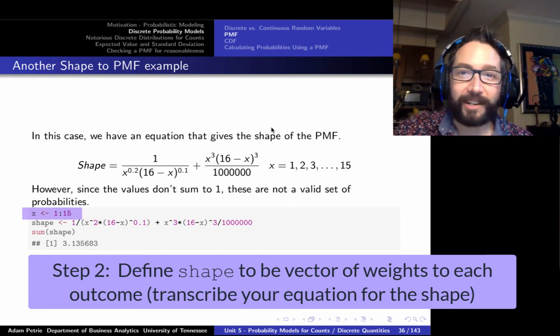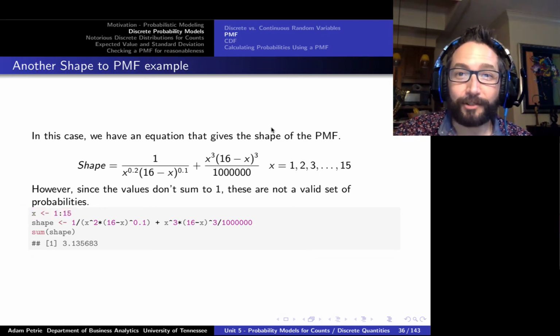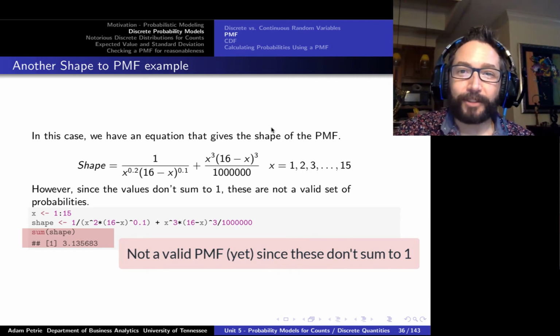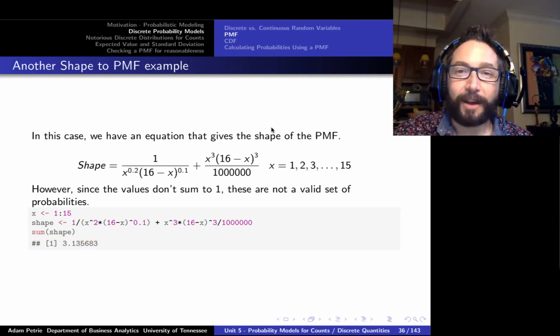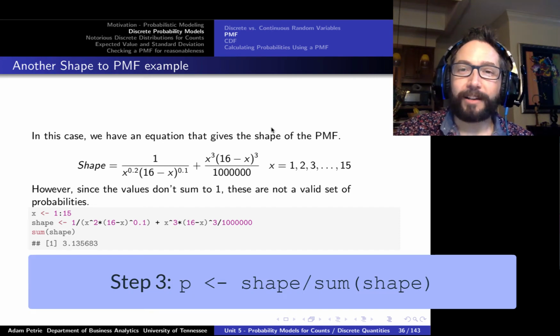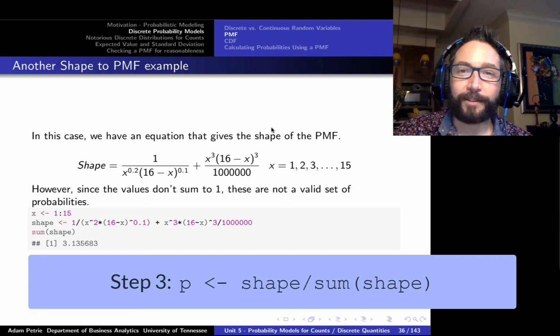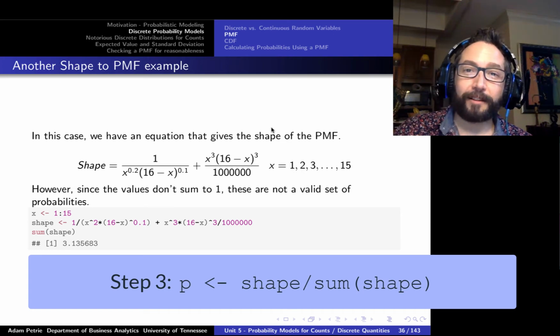You can check to see if you lucked out and you have a valid PMF just by taking the sum of the shape values, but it's really never going to equal 1. But it's easy enough to convert that into a set of probabilities. All you have to do is take your shape vector or your weights vector, divide by the sum of those values, left arrow that into p, and every single time you're now going to have a set of probabilities that form a valid PMF.